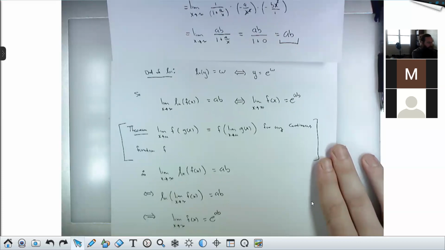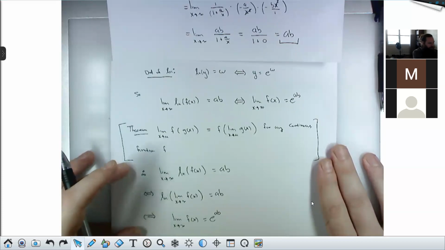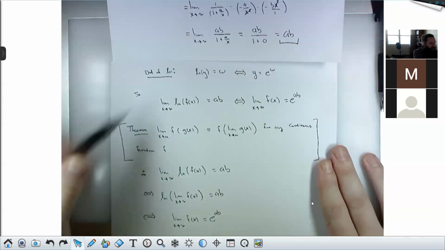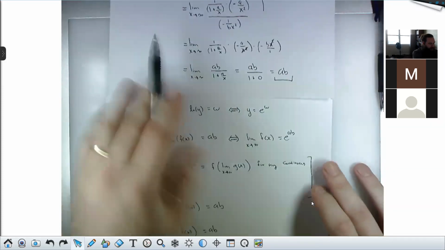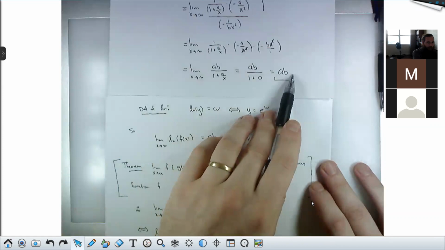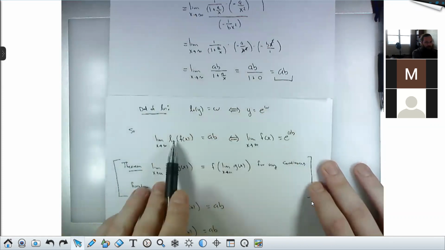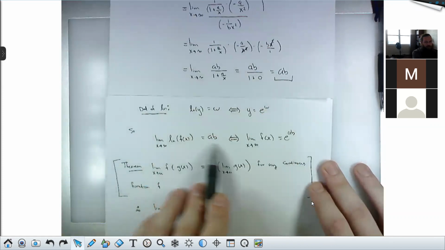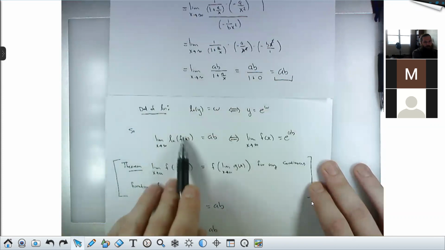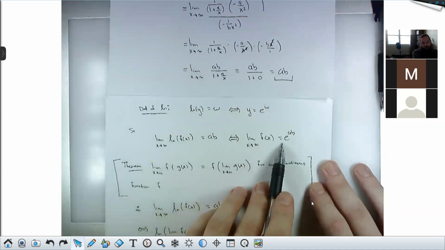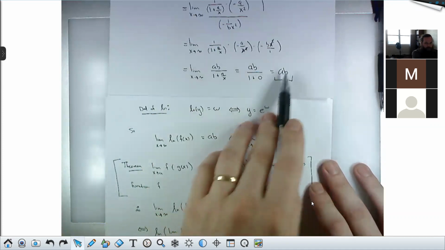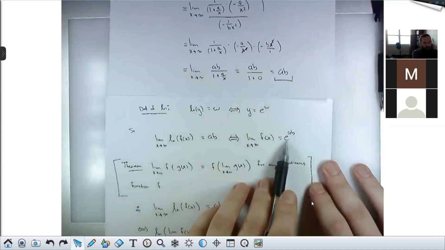I would not require you guys to show these details. I would want to see all the work up to here, right? Up to here. And then you could just say, okay, since the limit of the log of my function goes to ab, the limit of my function itself goes to e to the ab. I would be okay with you guys getting to here and then just saying this.